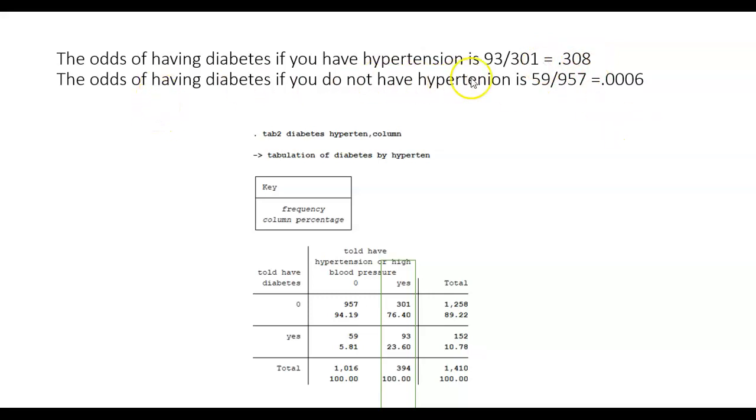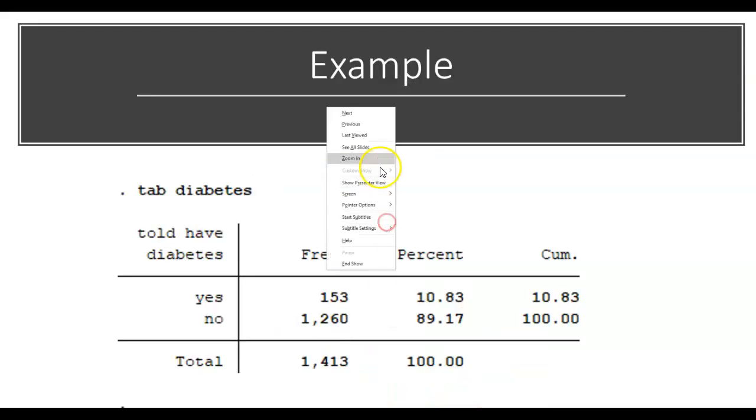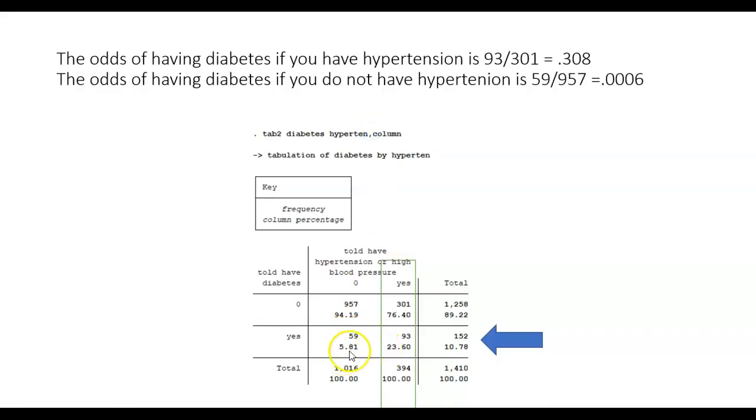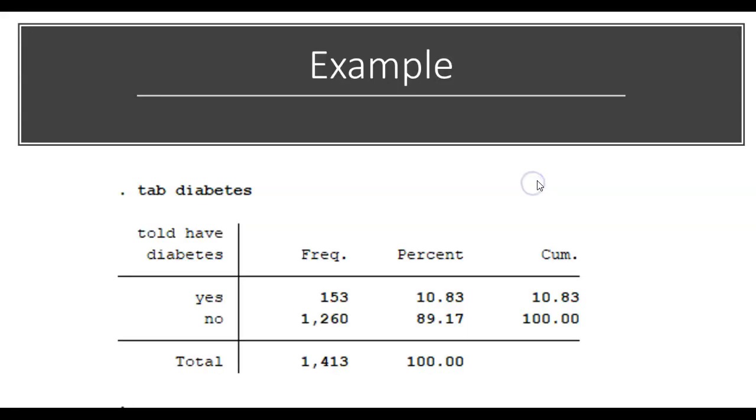But the odds of having diabetes if you do not have hypertension is going to be this number, 59 divided by 957. If we look at that, that number is much, much smaller. So we can have a good idea that there's going to be a relationship here between these two variables.